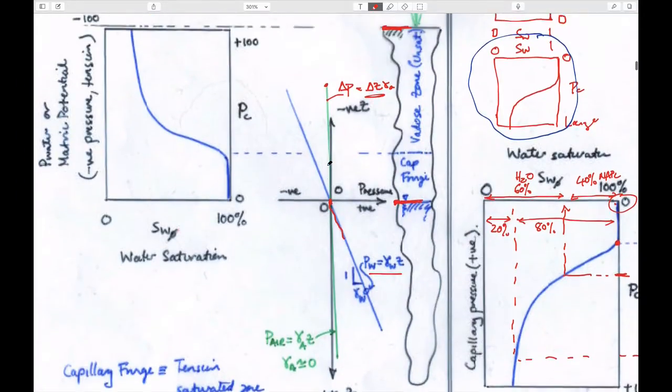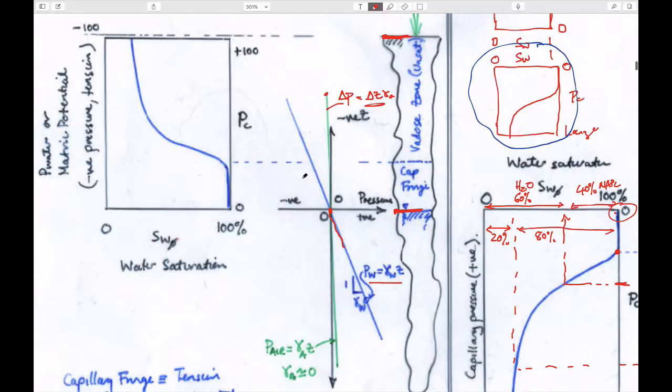And so now we can use exactly the same rationale as before. We can calculate the difference between the non-wetting fluid, which is this, and the wetting fluid, which is this. So the capillary pressure is equal to the pressure in the non-wetting fluid minus the pressure in the wetting fluid.